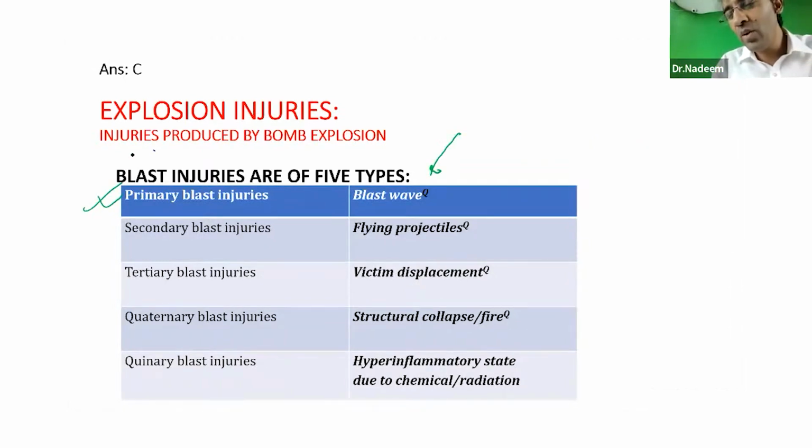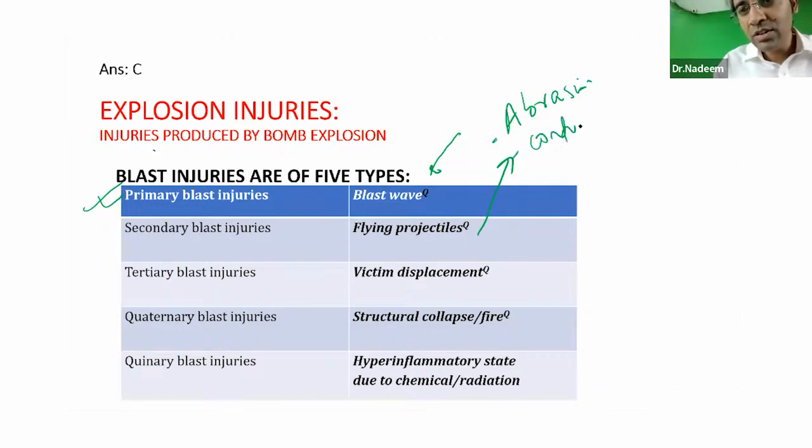Some people, terrorists, what they do, they will add glass pieces and nails in a bomb. So after the explosion, there will be flying projectiles. Because of that, there will be abrasions. There will be what? Contusions. There can be lacerations. So what is this?